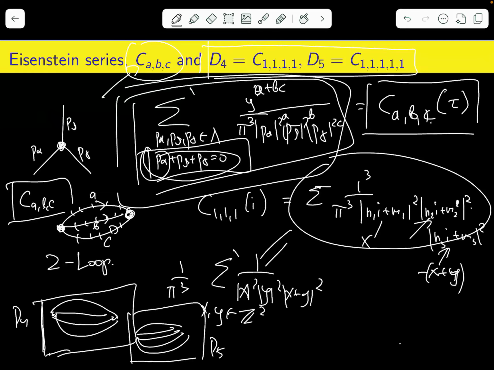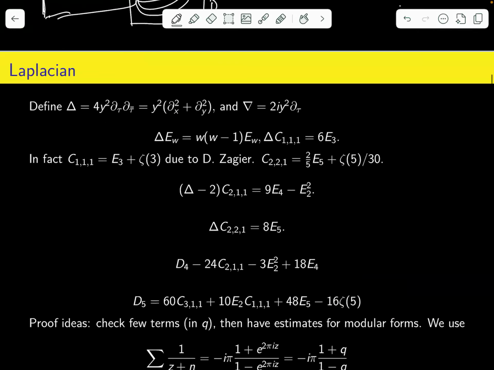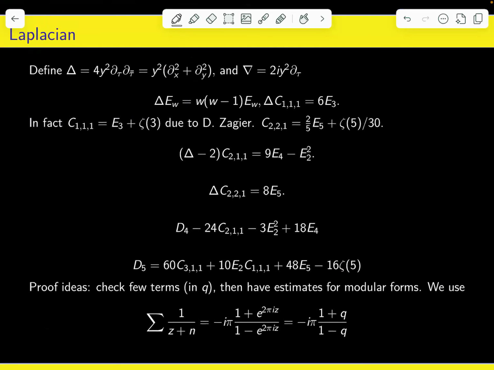Okay, let's go further. So now, why do people study these things in string theory and number theory? Because there are a lot of relations. So first of all, if we define the Laplacian operator on these functions on the upper half plane, then these Eisenstein series are eigenfunctions of this Laplacian. For example, how to see it the easiest way?